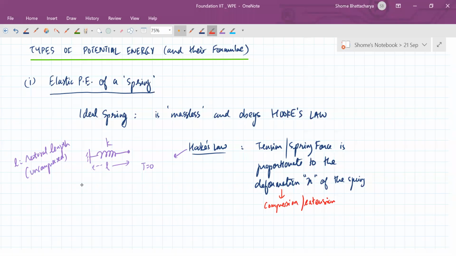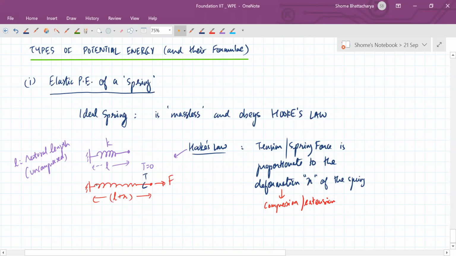But compared to that state, if I now extend the spring such that its length has become L plus x, I have to apply an external force for that, and that external force will be countering the internal tension in the spring. So here x is the extension in the spring length.